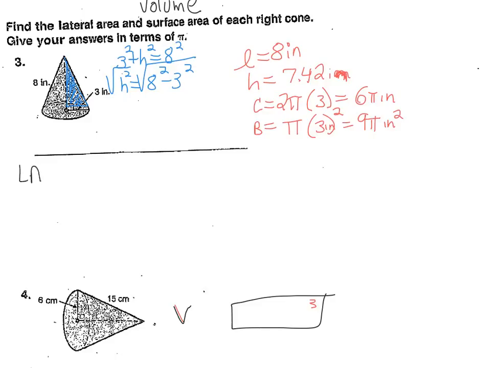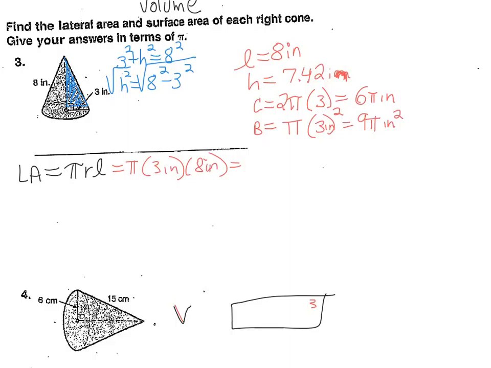For the lateral area, the formula is pi r l, right? So it's pi times radius times slant. When I substitute the information, that is pi times the radius, which is 3, and the slant, which is 8.